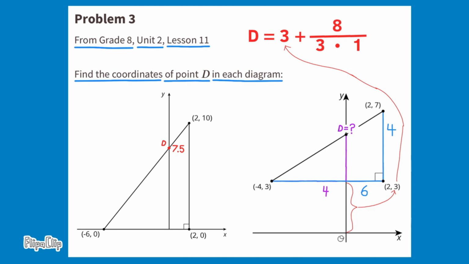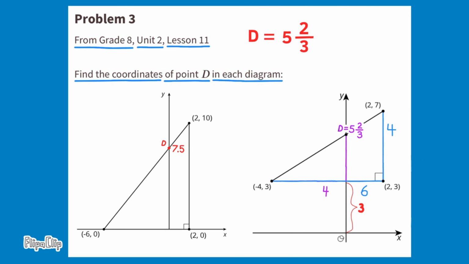D equals 3 plus 8/3. 8/3 is equivalent to 2 2/3, and 3 plus 2 2/3 is 5 2/3. So D equals 5 2/3. It's not really D equals 5 2/3. It's the y value for point D that equals 5 2/3. So the x value is 0 and the y value is 5 2/3.